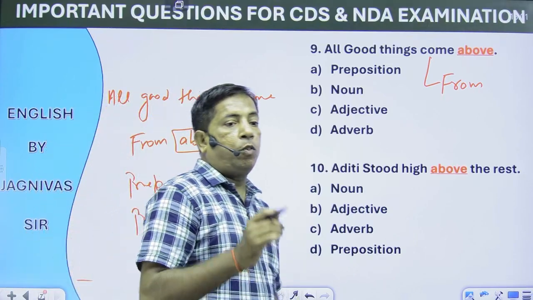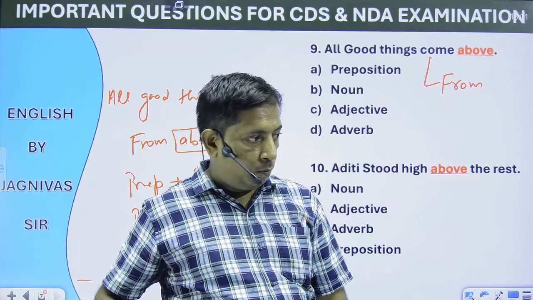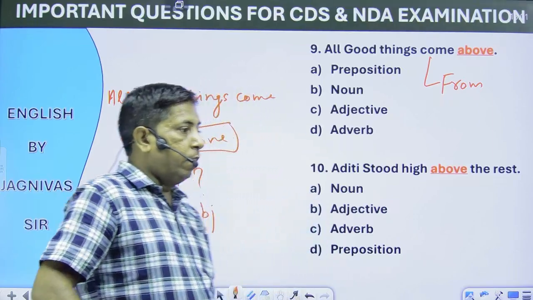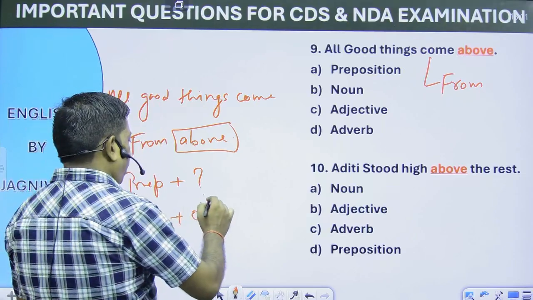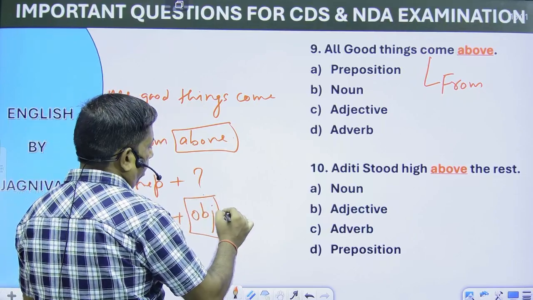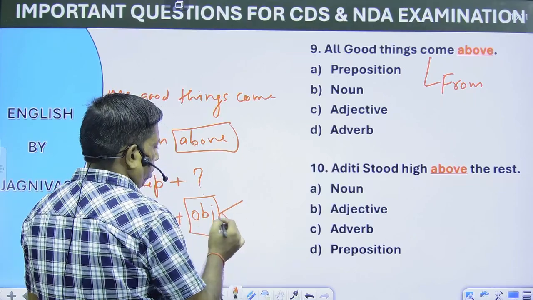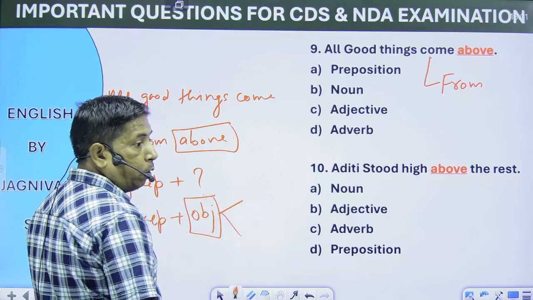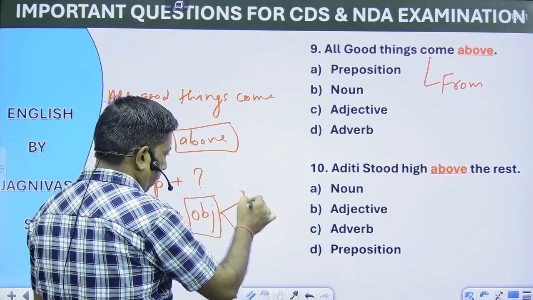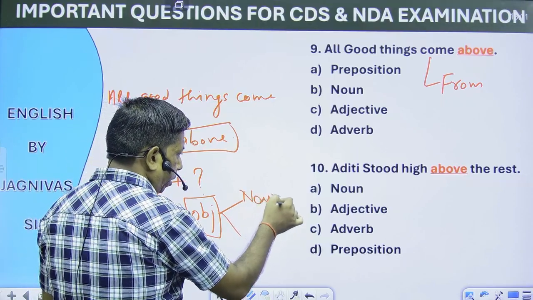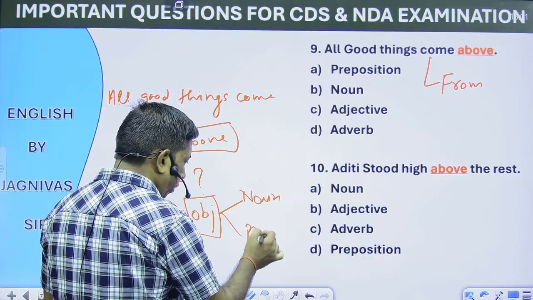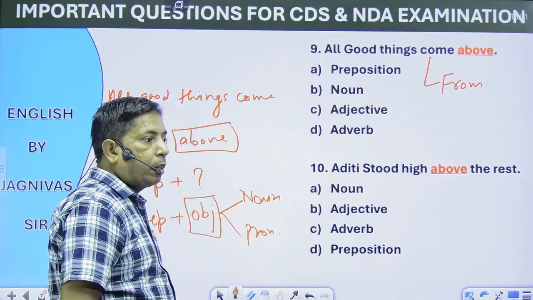And if you have studied noun, the function to work as an object or as a subject is the work of a noun or a pronoun. Who can be subject?